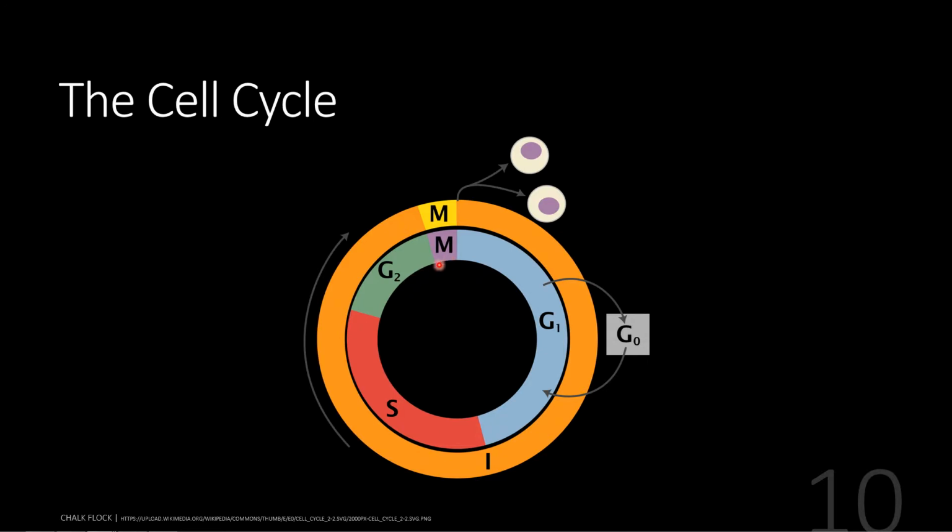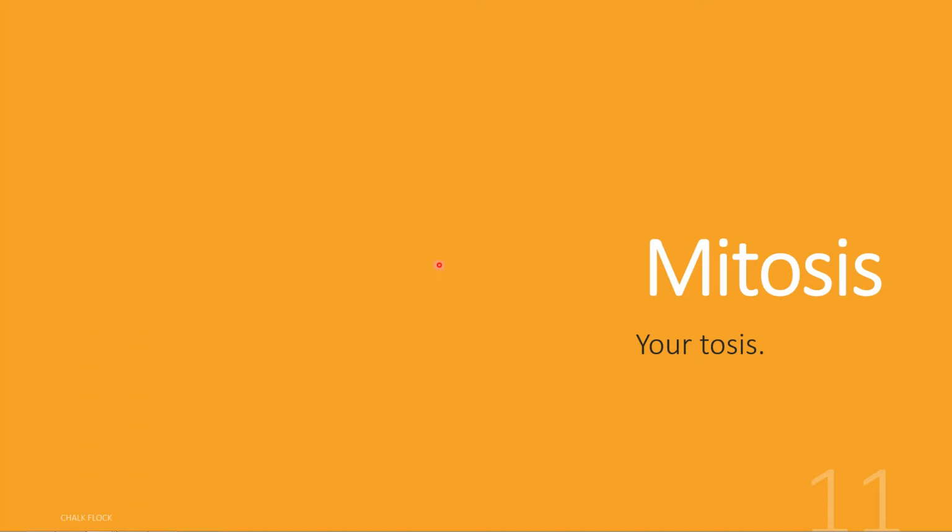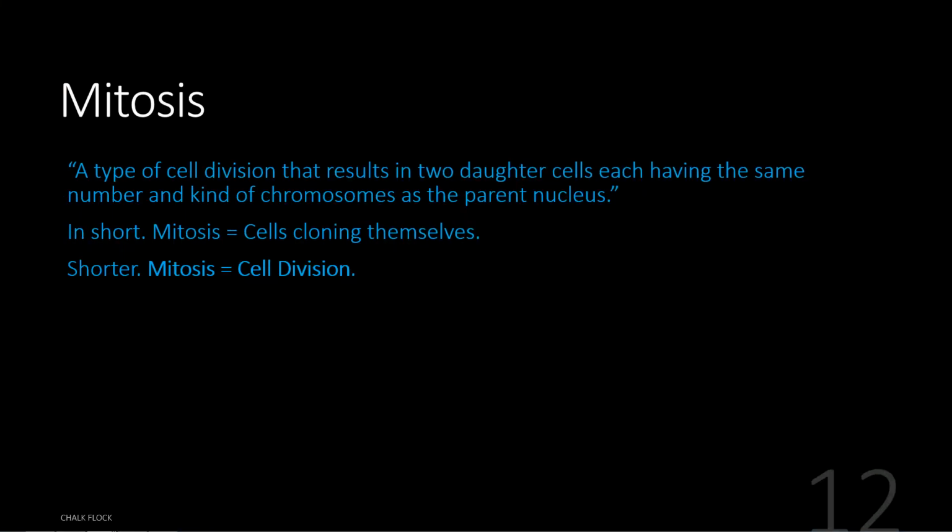What's mitosis again? That's a good question. Mitosis is cell division. Let's look to Google for an answer. Mitosis is, quote, a type of cell division that results in two daughter cells, each having the same number and kind of chromosomes as the parent nucleus.